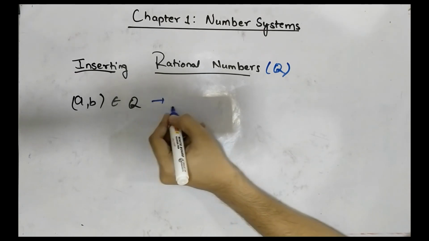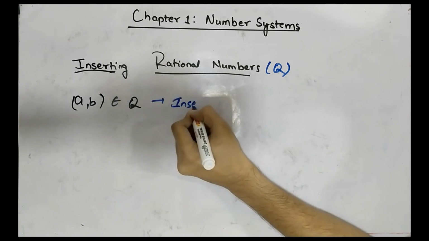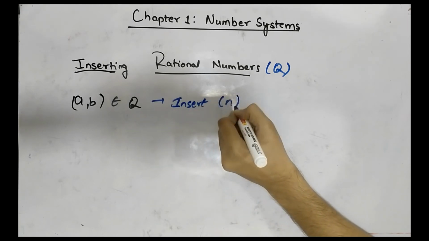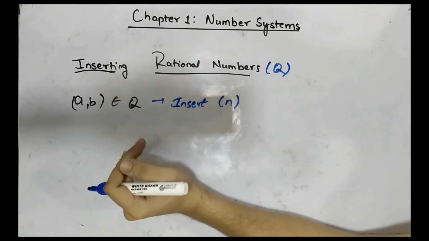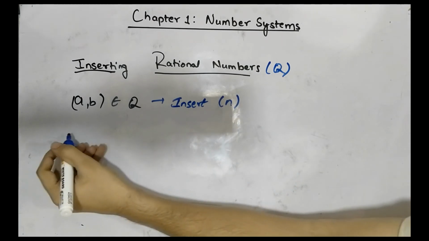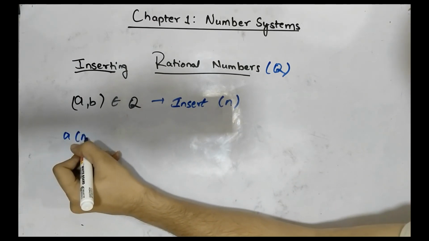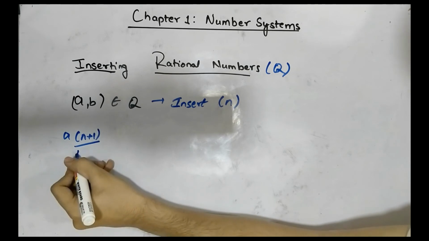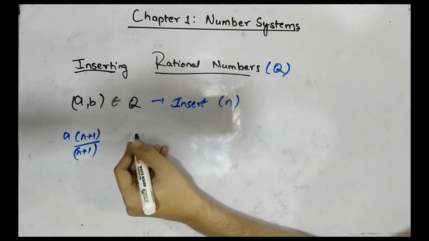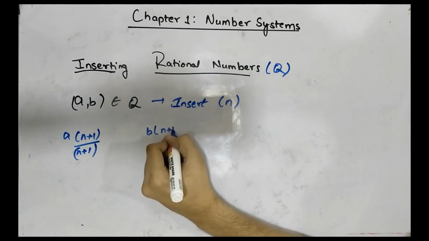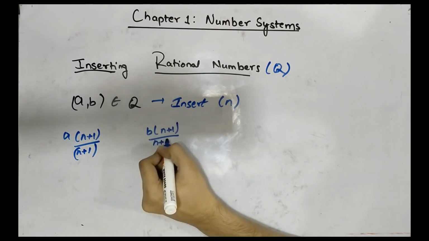You have to insert, say, n rational numbers between them. So you will do this: A into n plus 1 by n plus 1 and B into n plus 1 upon n plus 1.